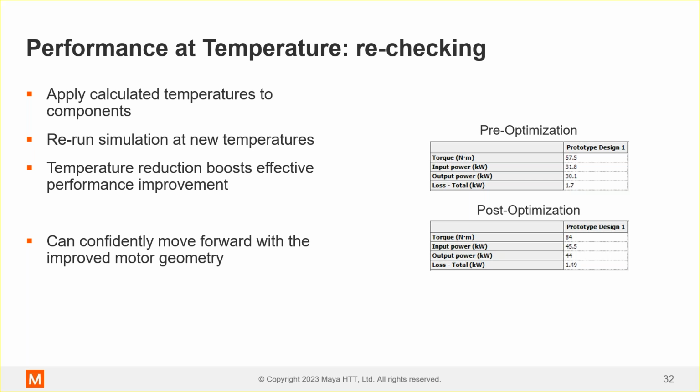What we found was that, not only did we see that initial 40-odd% increase in output power from geometry, we were getting closer to almost a 50% increase in power and torque once not only is the geometry better, but the cooling is better. We're keeping everything lower, so we're seeing a much better improvement overall from the machine.